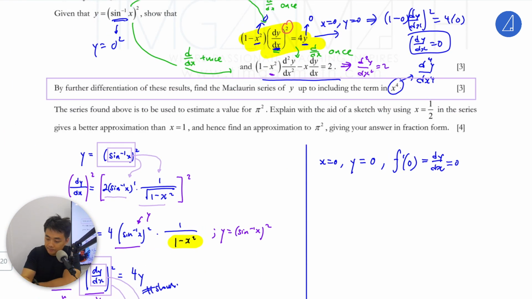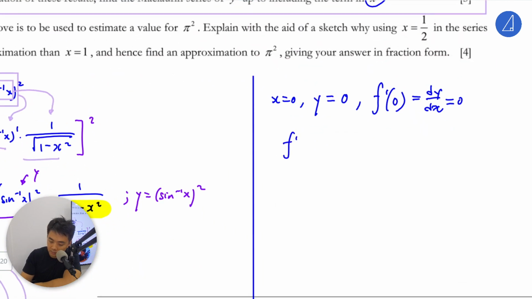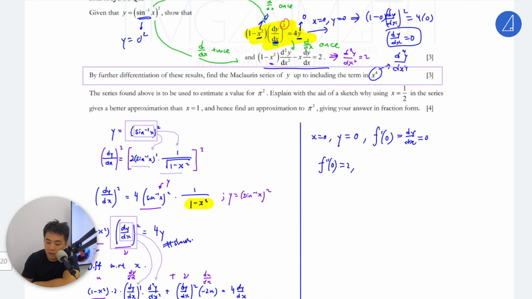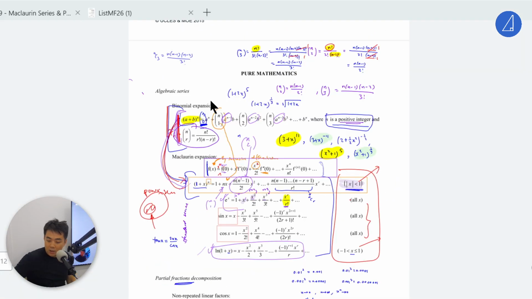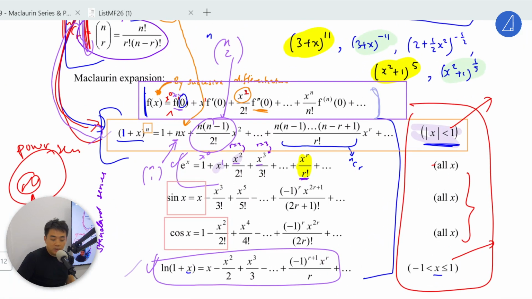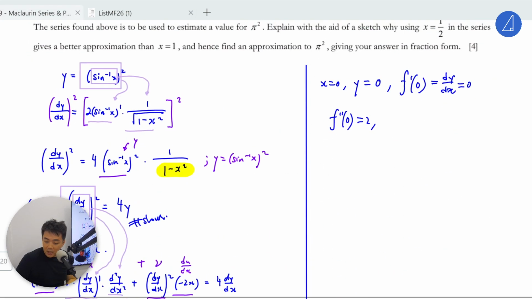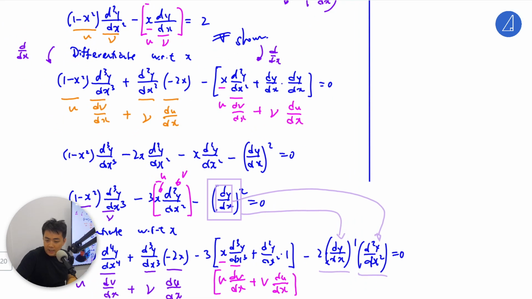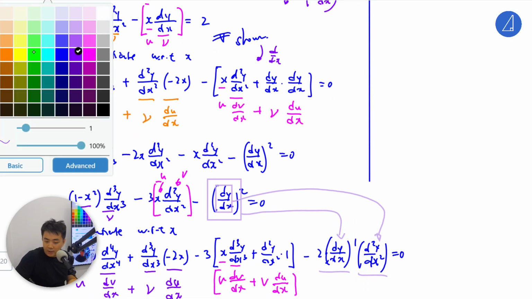Okay, so here, of course, you go and find the rest. Maclaurin series is always x is 0. So you look at this, yeah. So once done, f prime prime 0. This case here, same thing.